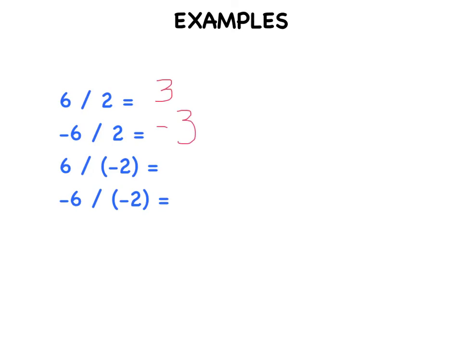A positive 6 divided by a negative 2, same idea. The numbers have different signs, so the answer is negative. So the result would be a negative 3. And negative 6 divided by a negative 2, well, the signs are the same, so the result would be a positive 3.